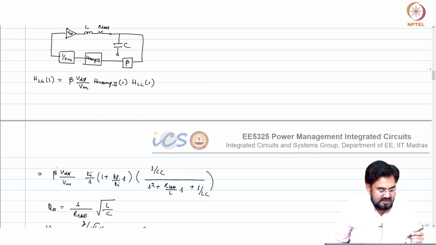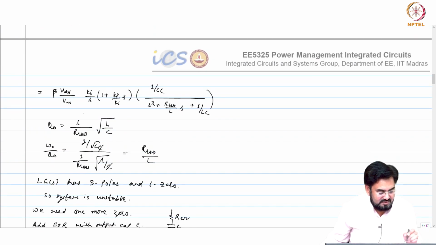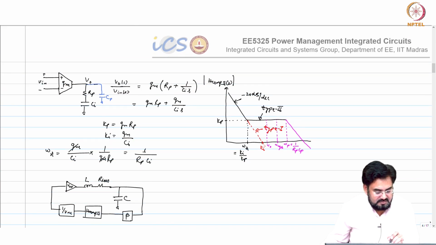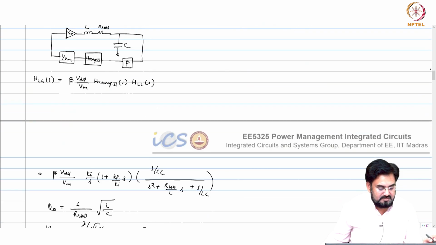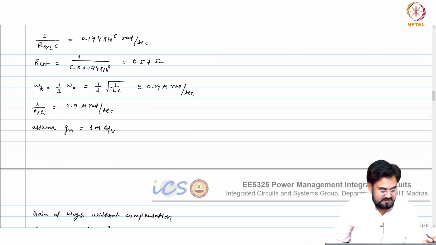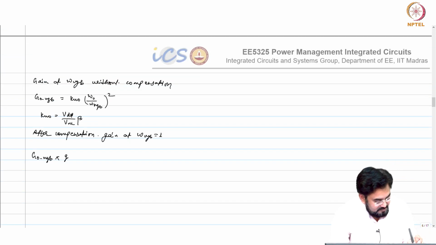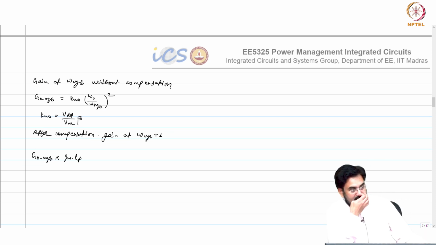What is the DC term you are getting from the compensator? This, GMRP? Anything else?